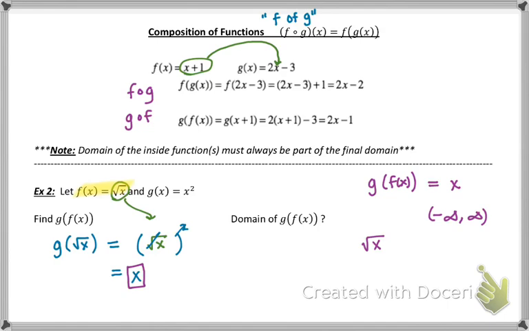And we know that if x is inside a square root, it can't be negative, otherwise it's not real. So the smallest that x can be is 0, or positive. So the domain is from 0 to infinity. Okay, and so this is the domain that we're going to be using, because it's restricted by what's in the inside function as well.